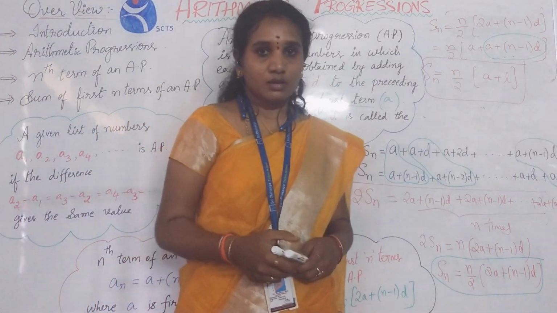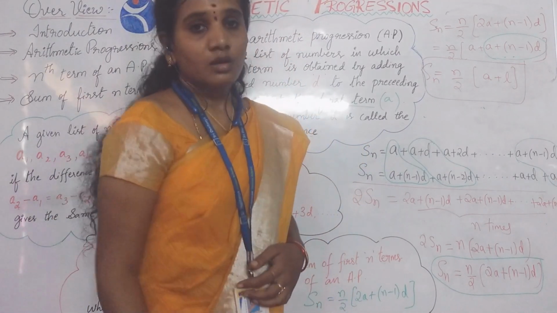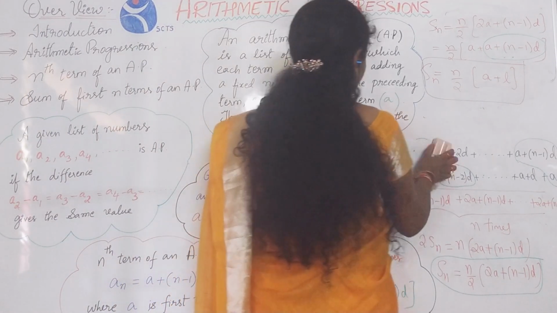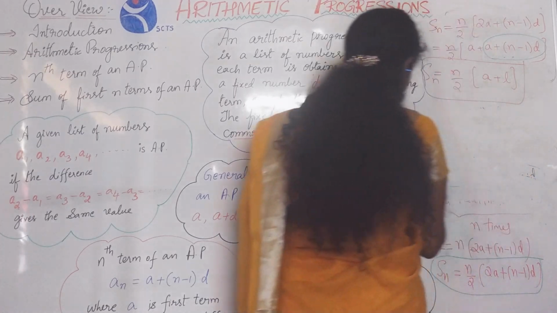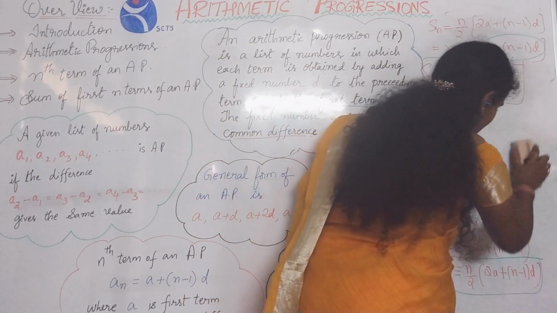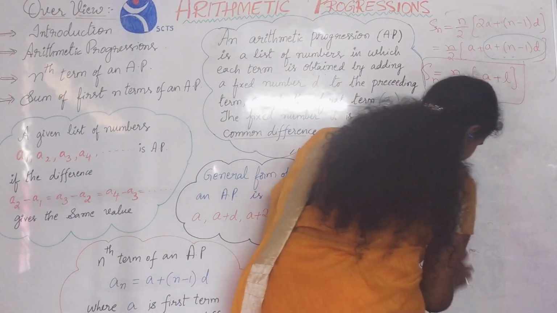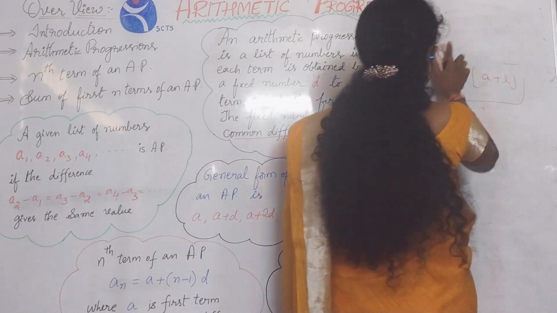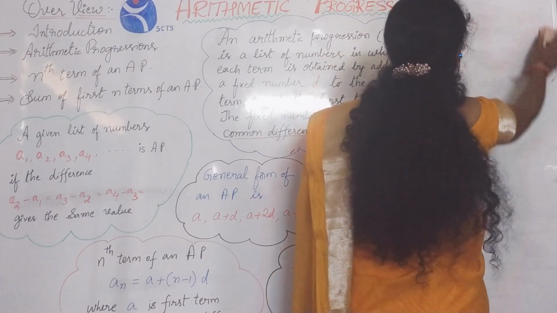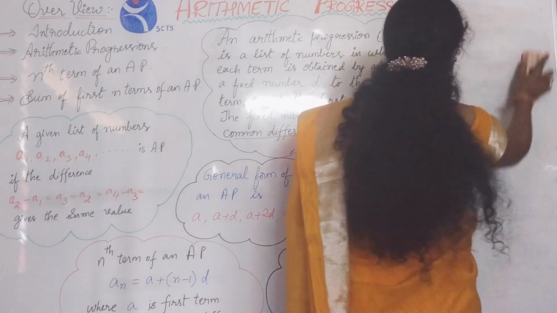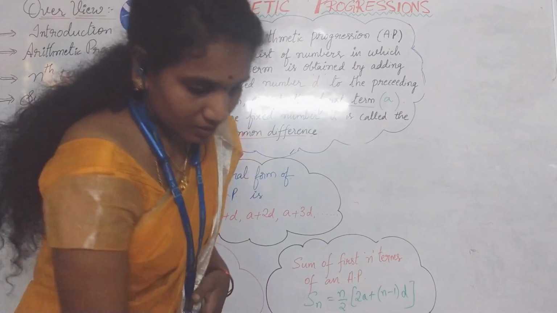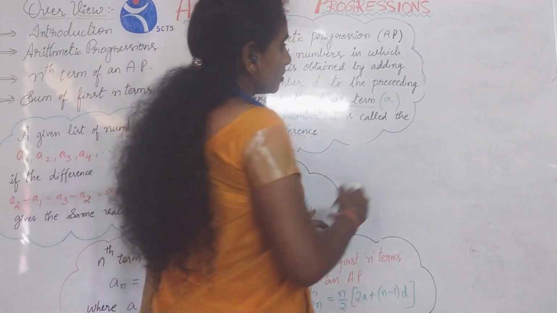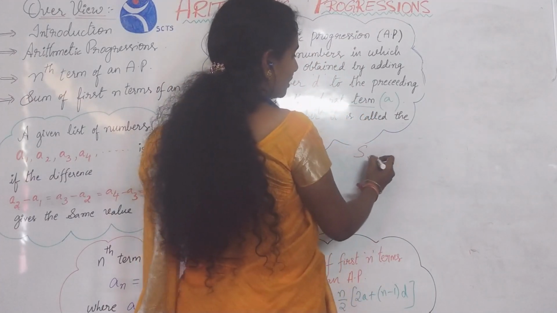Now let us derive the formula of the sum of first n natural numbers. As you know, the sum of first n natural numbers can be written as 1 plus 2 plus 3 plus so on plus n. Using the same procedure we used to find the sum of n terms, we go on.